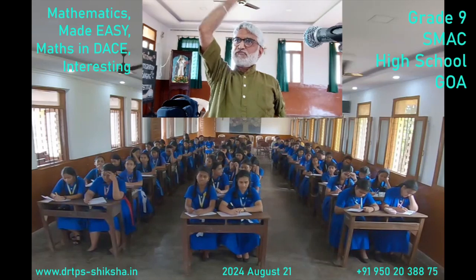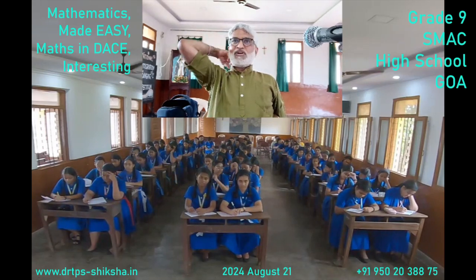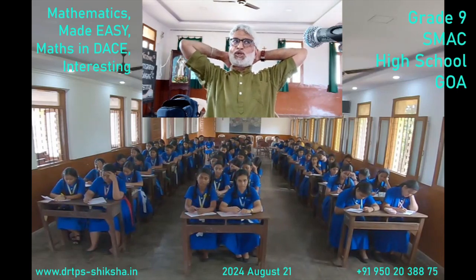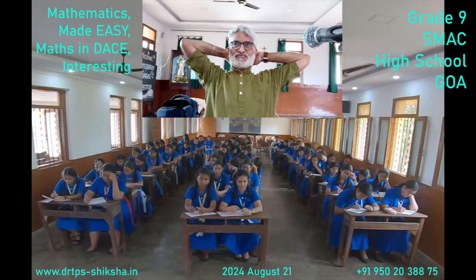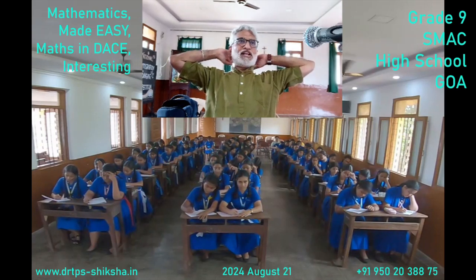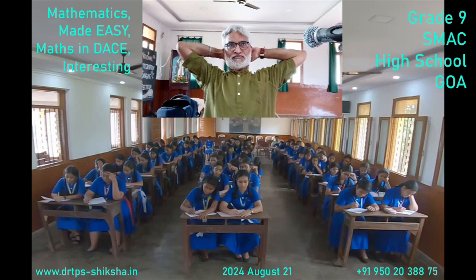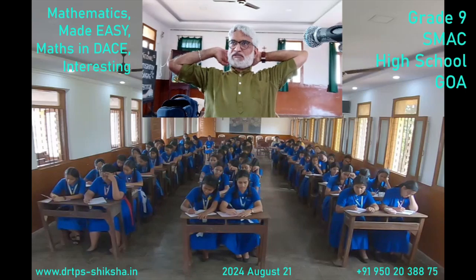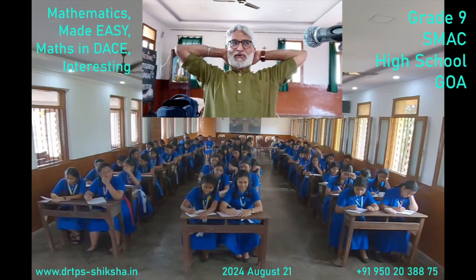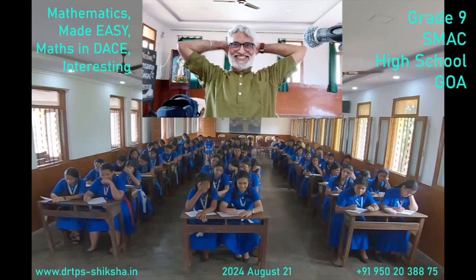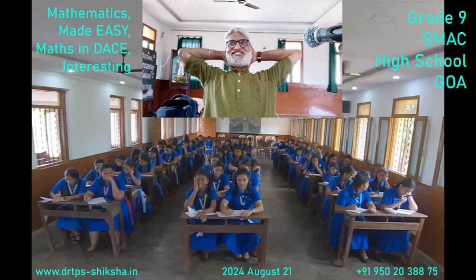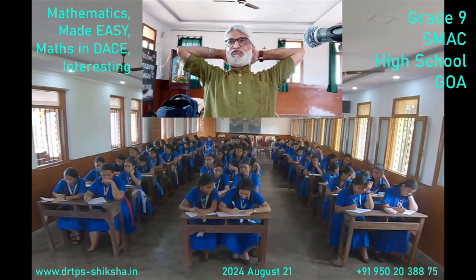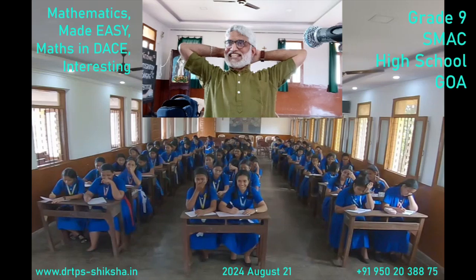I want to see whether somebody is smart. What did I ask? 35 square. 35 square is 1225. 45 square, 2025. 55 square, 3025. 65 square, 4225.